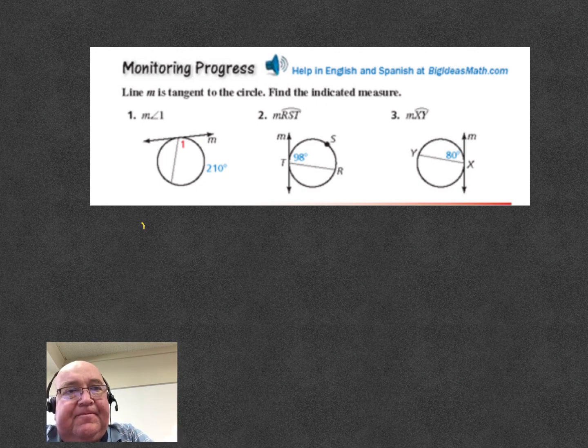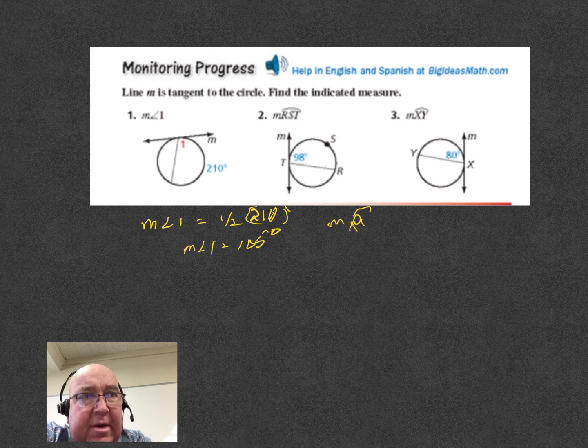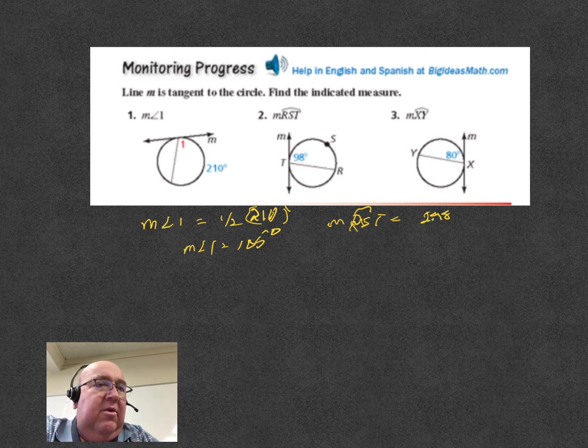Measure 1 is equal to 1/2 of 210 degrees, which is 105 degrees. We know that the measure of arc RST is going to be 2 times 98, or 196 degrees.